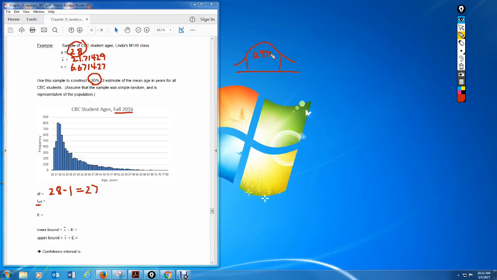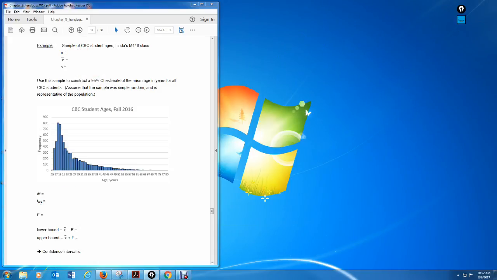There, 95% in the middle, 5% left over, divided between the two tails, which means 2.5% or 0.025 area in the right tail.